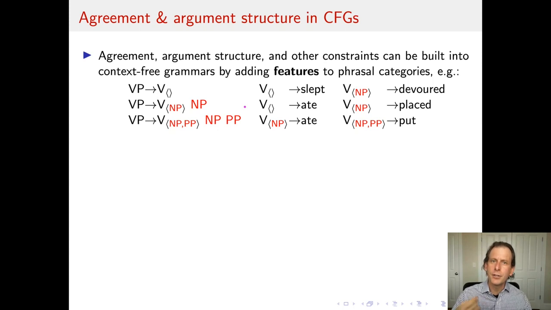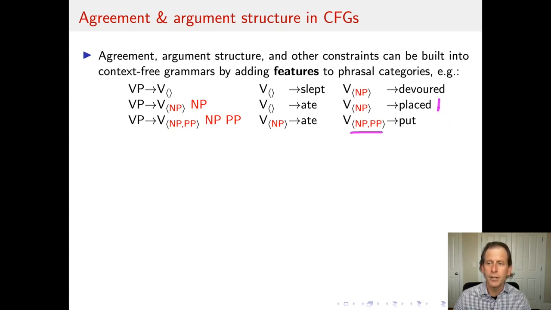Eat can be used either intransitively or transitively. You might say that it can be rewritten from V with nothing on it or from V with an NP on it. Devour can only be rewritten from the latter. Place is a monotransitive ordinary verb, and so just the same one. But put has this very unusual NP PP label. Now, that'll start getting you going.